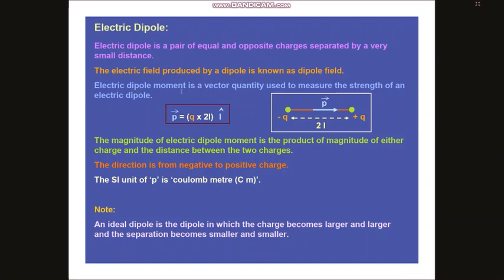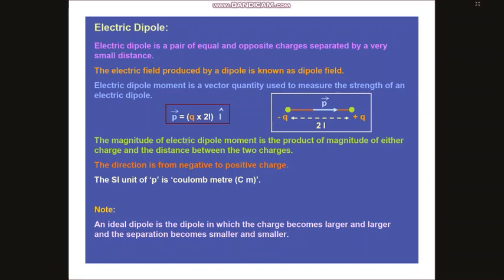Electric dipole moment is a vector quantity used to measure the strength of an electric dipole. So, the formula or expression for electric dipole moment is equal to Q into 2L, where 2L is the distance between two equal and opposite charges plus Q and minus Q.